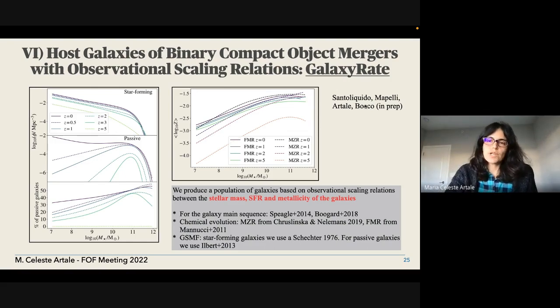This approach, led by Filippo, is much simpler and much faster to run. It is based on observational scaling relations between the stellar mass, the star formation rate, and the metallicity of the galaxies. So we created a machinery to map and evolve the galaxies from high redshift to the present, and populate these galaxies, based on these scaling relations, with binary compact object mergers.